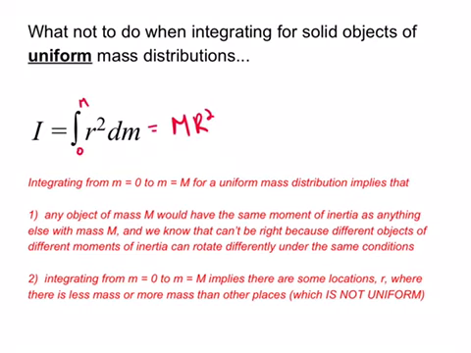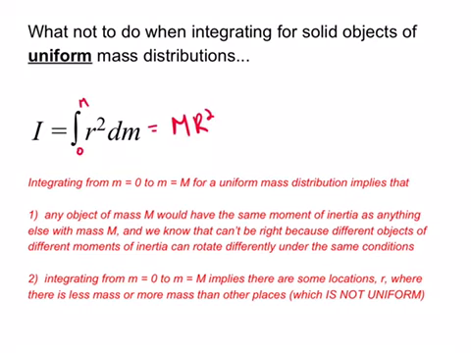Now, there are a few problems with this. If this object is said to be uniform, that means that its mass is distributed evenly throughout its shape. So you don't want to do that because it implies first that everything of mass M would have the same moment of inertia as anything else with the same mass. And we know that can't be right because we know that things rotate differently under the same conditions.